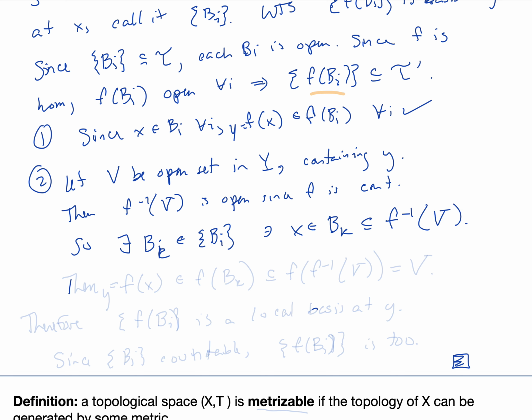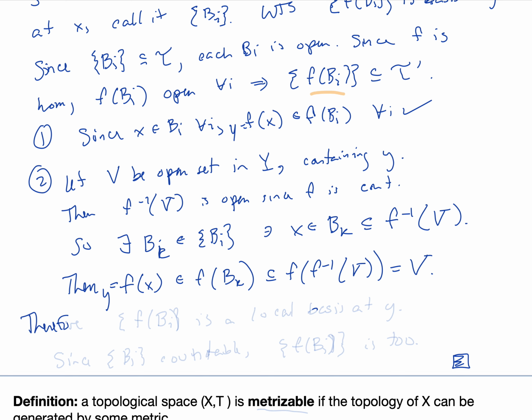Now this tells us that f of x, which is equal to y, is an element of f of B_k, and that is a subset of f of f inverse of V, which is in fact V. And so we have shown the second condition for being a local basis at y.